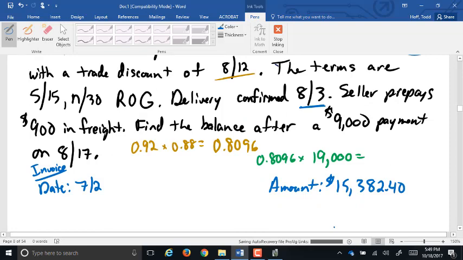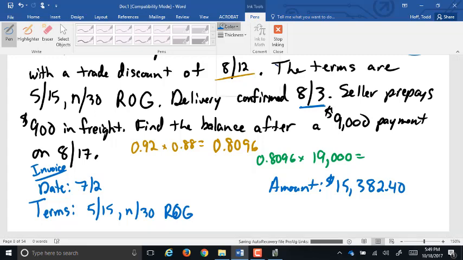What else has to go on an invoice? Terms, which are 5/15 net 30 ROG. Two other things we have to note.